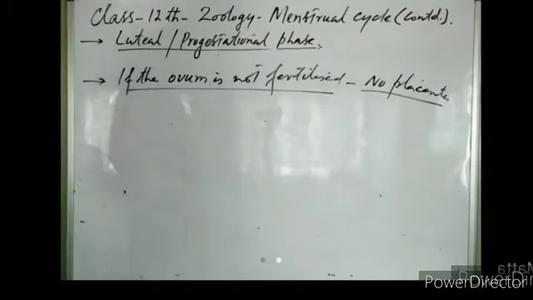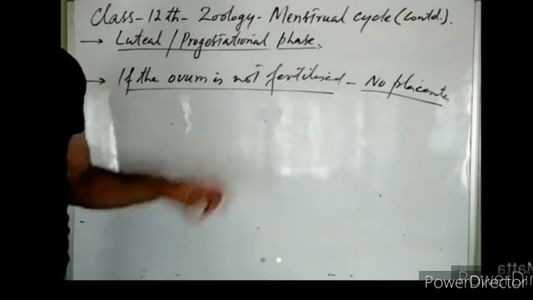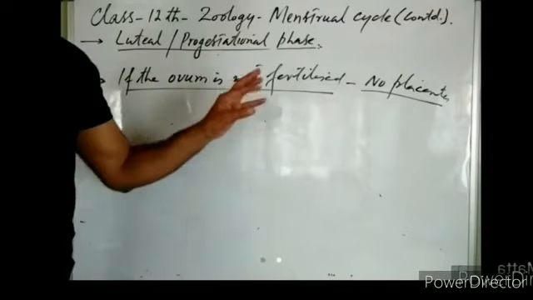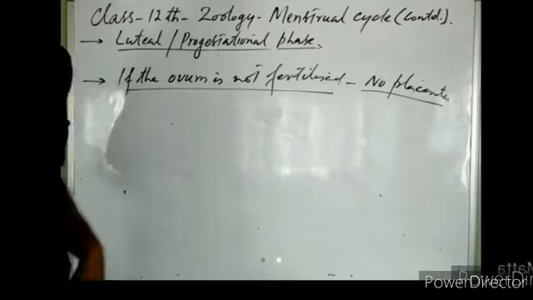Now, if the ovum is not fertilized, what will happen? There will be no placenta. When ovum is not fertilized, no zygote is formed, no blastula, no morula, no blastocyst, no implantation, and no placenta, right?